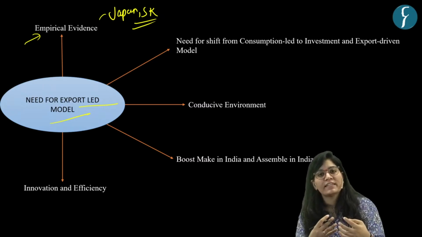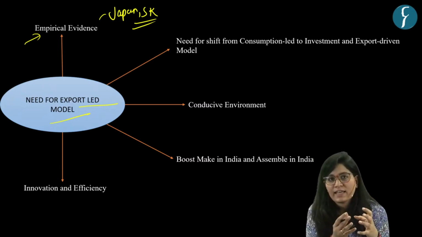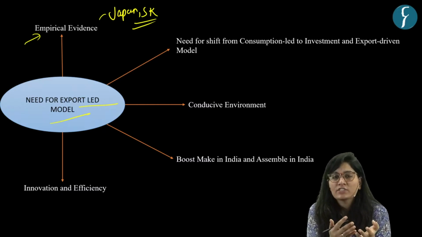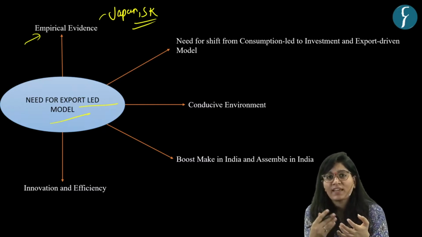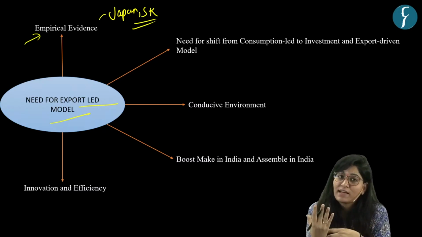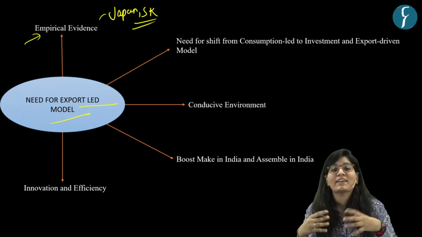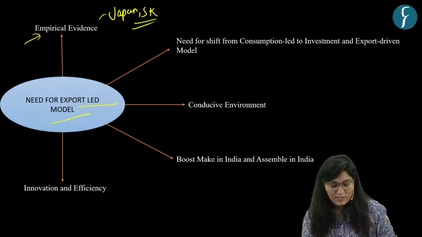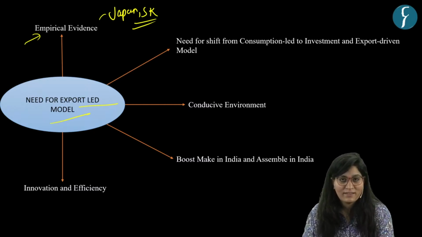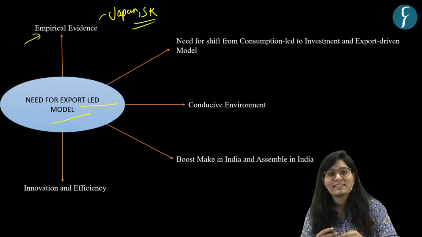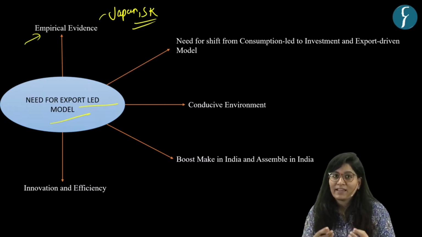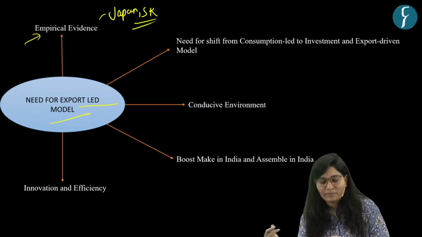If you take the example of bigger economies like China, China is also following the same. If you take the example of smaller economies like Vietnam, they're also doing it. So why can India not? Okay. So empirical evidence is there, evidence in support of India's journey to an export led model.